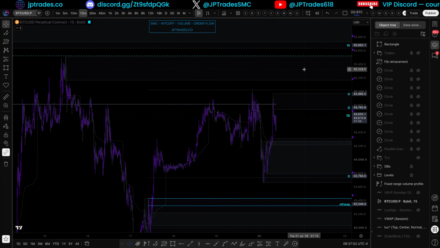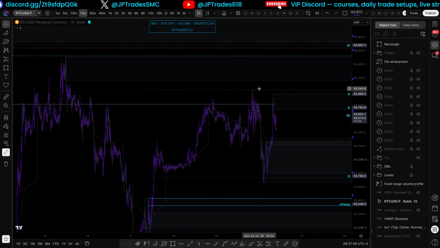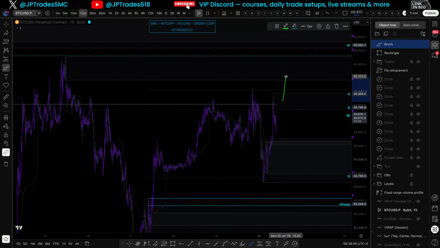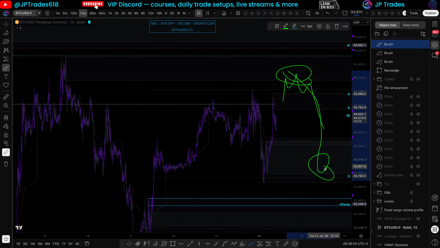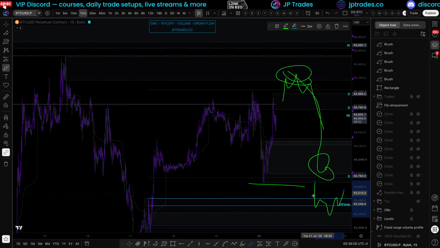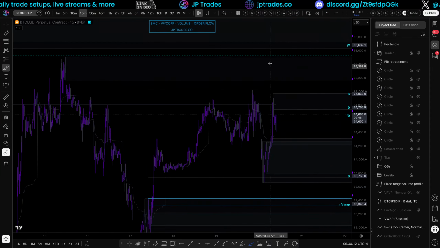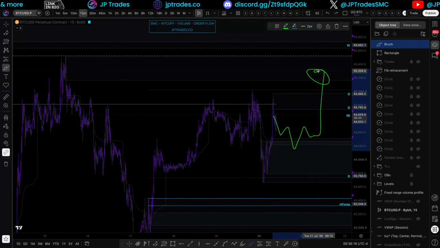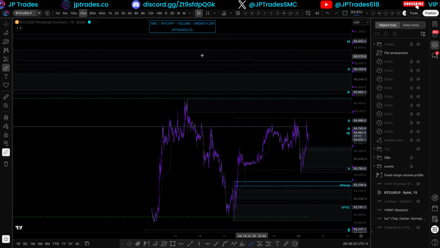So this order block right here, it does have inducement on it because we do have this high here. And I would like to see something like a quick SFP of this high if we're going to actually use this order block and swing us down back to take this low and into the naked VWAP, golden pocket, plus all of these order blocks. Or we come down here first and then come down to that same area.